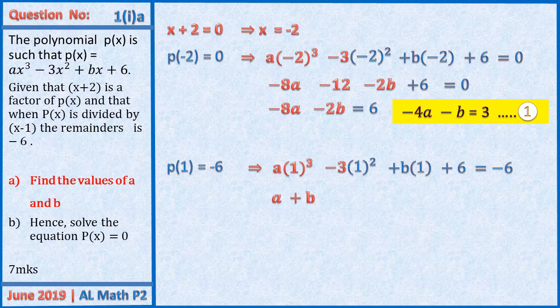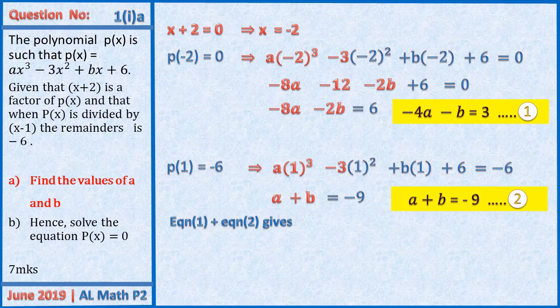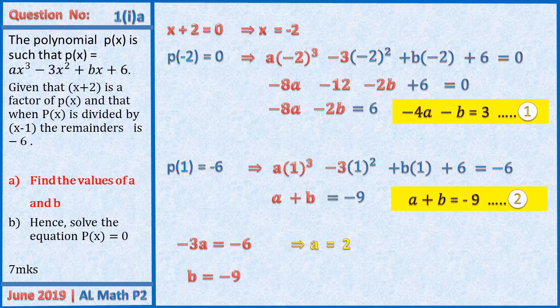When we simplify, we have a plus b equals minus 9, giving us equation 2. Adding the two equations gives us minus 3a equals minus 6, and dividing all through by minus 3 gives us a to be 2. Substituting the value of a equals 2 in one of the equations gives us b to be minus 9 minus 2, which equals minus 11. So this gives us method 2 marks, accuracy 2 marks.